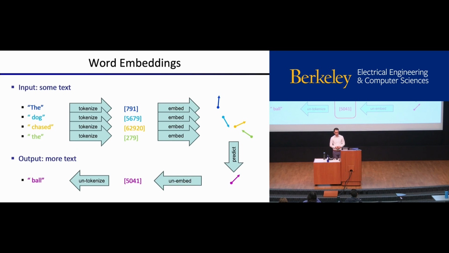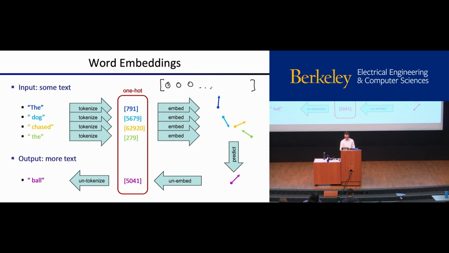So one thing to note here is that this is typically what's called a one-hot representation. Who's seen one-hot representations before? Okay, many people have. I'll just say for the folks that haven't seen them, what they look like is this. We have a vector, which is just a list of numbers, and a one-hot vector is a vector of all zeros, except there's going to be one spot in the middle where we have a 1.